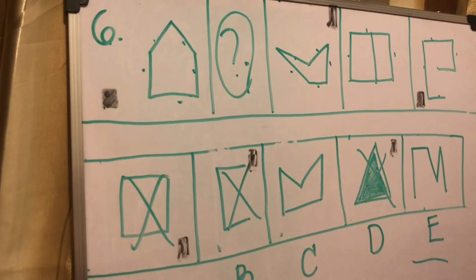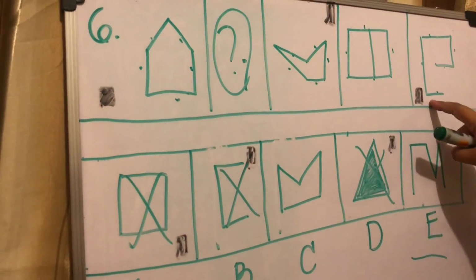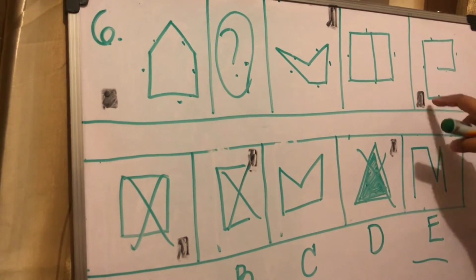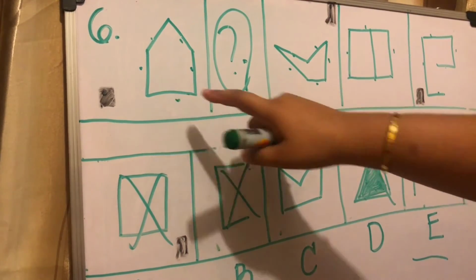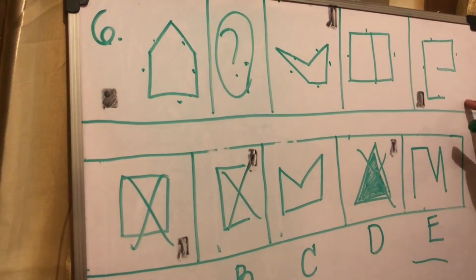If we look at another particular element of the sequence, let's choose the black square. We can see it's moving around clockwise. There is black, then white, then black, white, and then black.